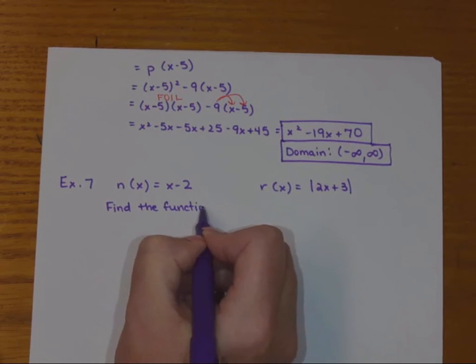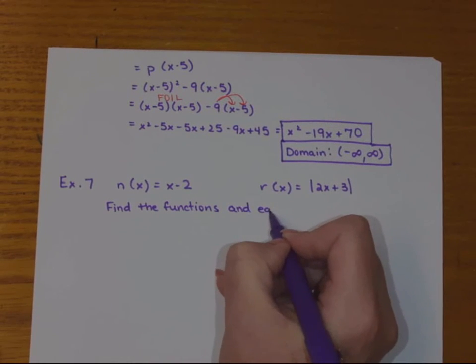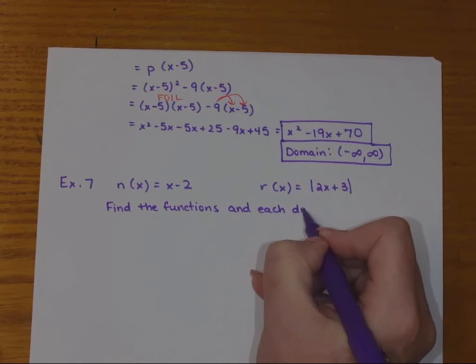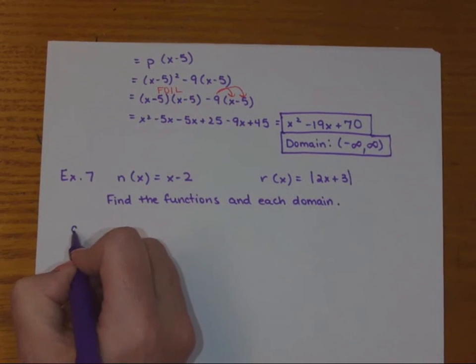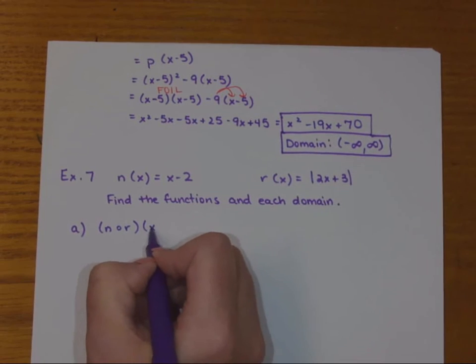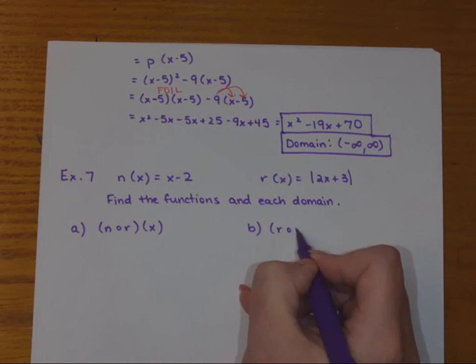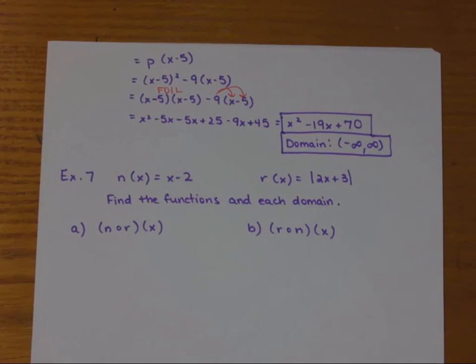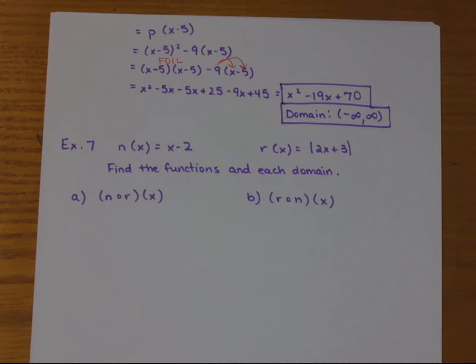There's only one specific type of function pair where you get the same thing both ways using composition of functions. So first I want you to find n of r of x, and then find r of n of x. We are not expecting to get the same thing because we switched the order.